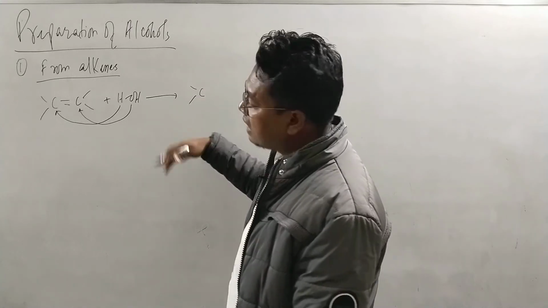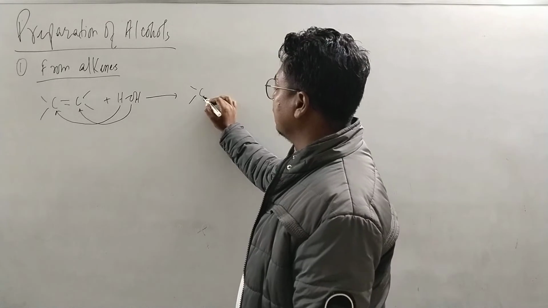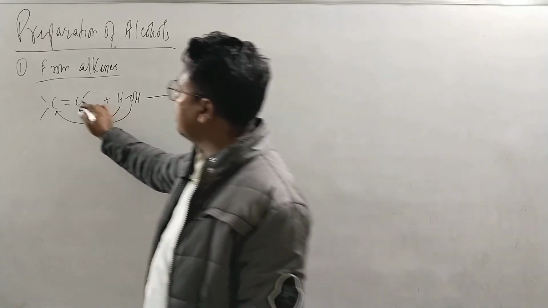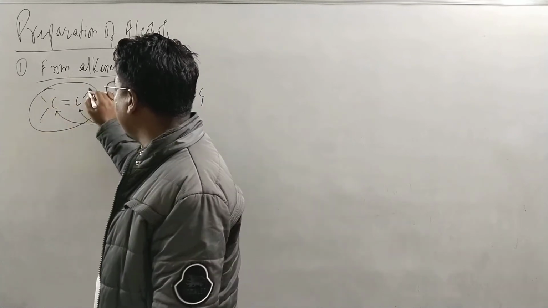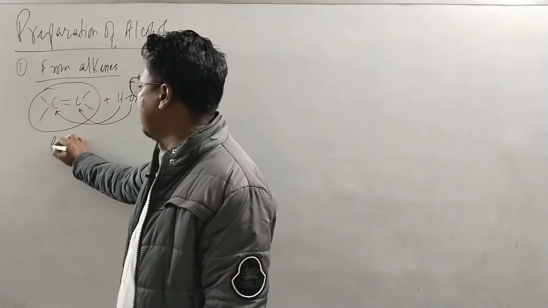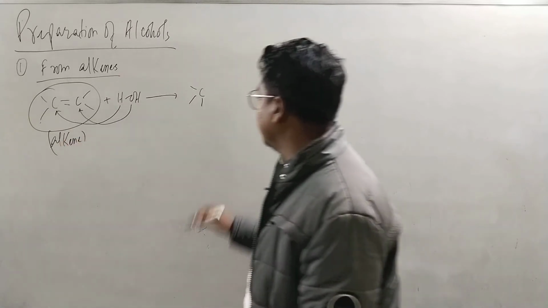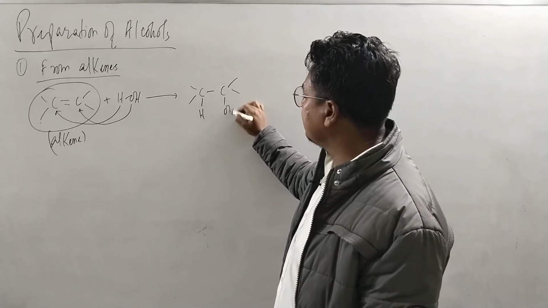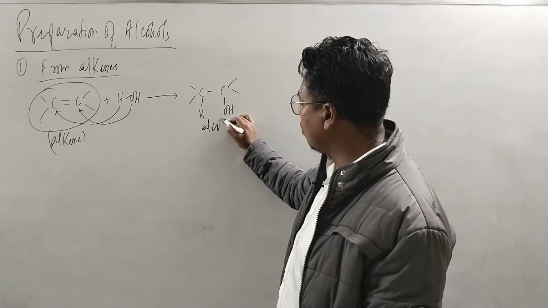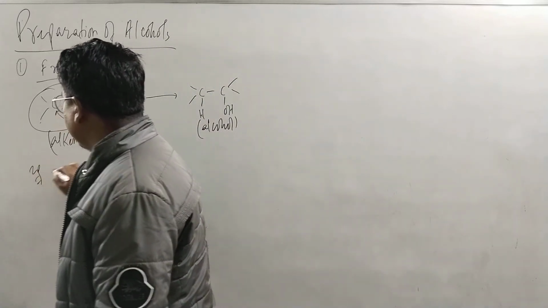If the alkene is unsymmetrical, then some rules must be followed. Here these groups are unknown. This is just an alkene, which can be symmetrical or unsymmetrical. Hydrogen is attached here and OH is attached here. This is alcohol.